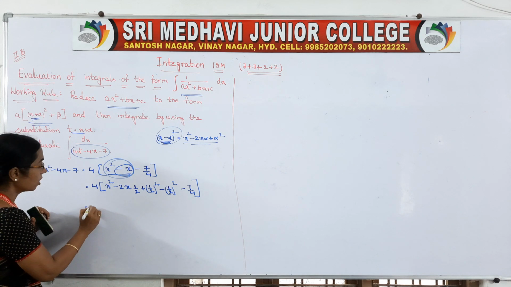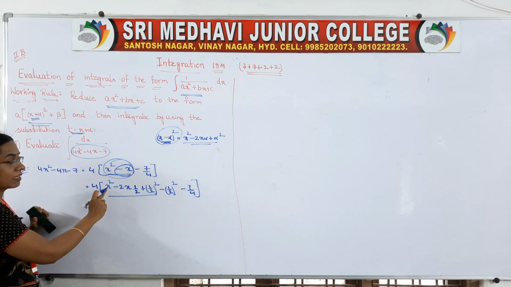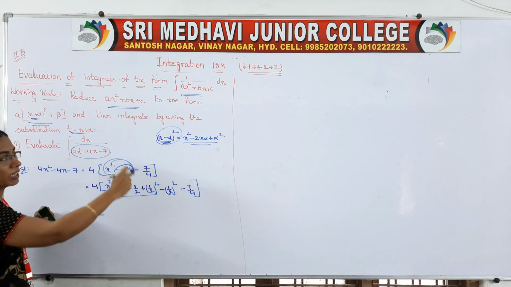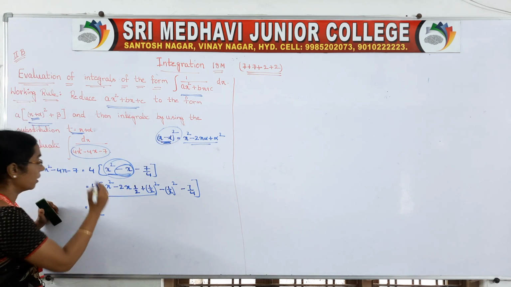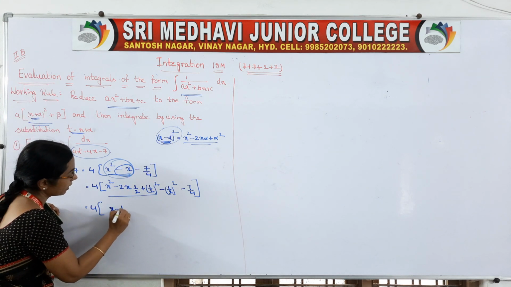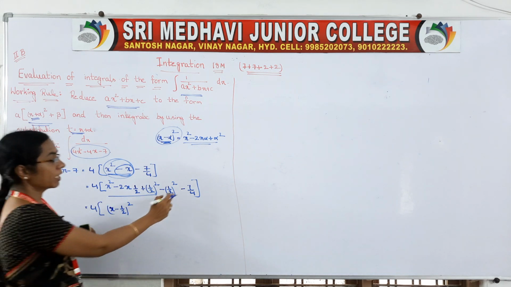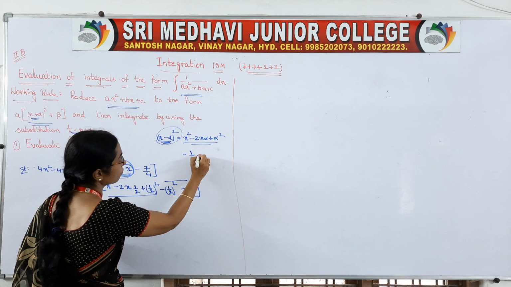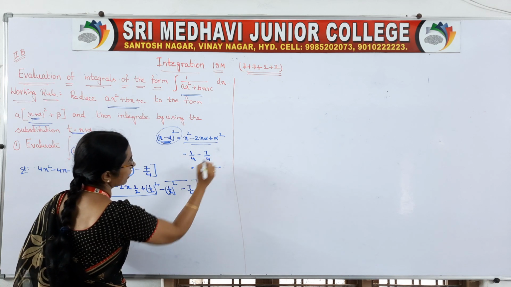So now observe 4 into, from here to here it is x square minus 2x alpha plus alpha square. It is of the form x minus alpha whole square. So x minus 1 by 2 whole square. Now take these two values, right? So it is minus 1 by 4 minus 7 by 4. 4 is the LCM, right?